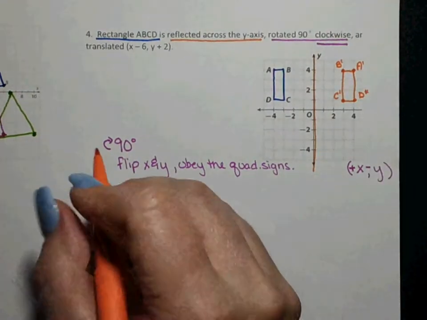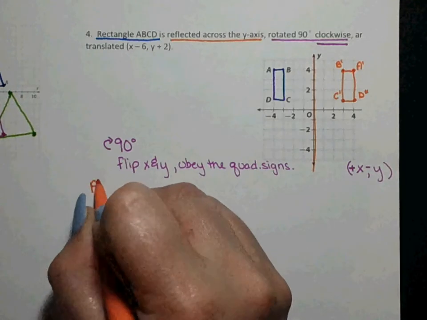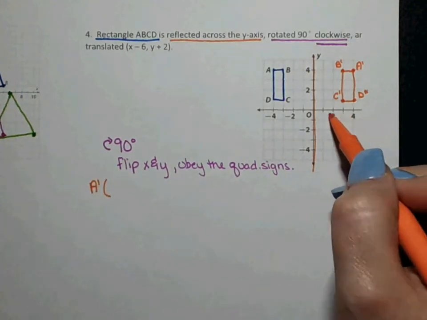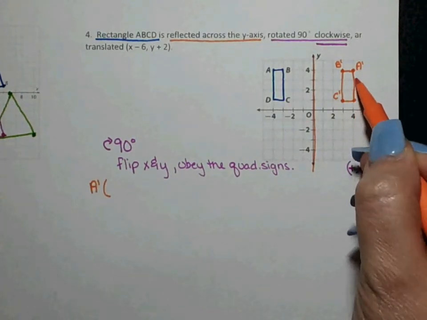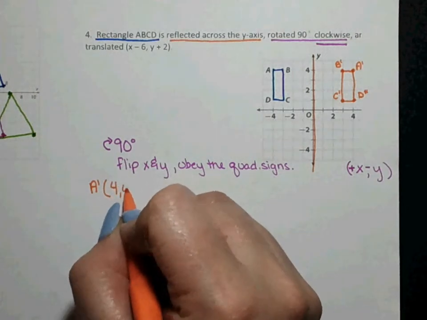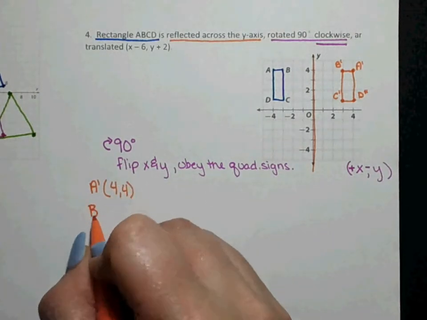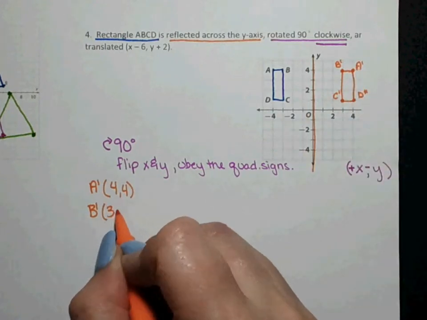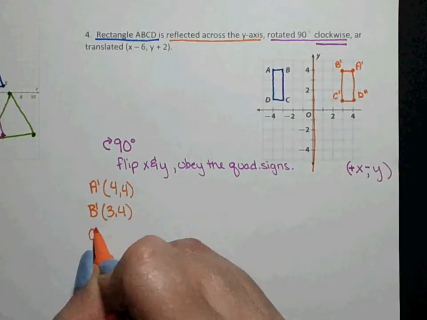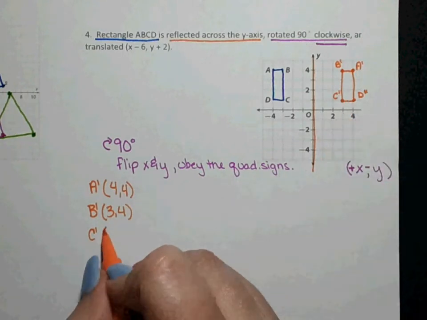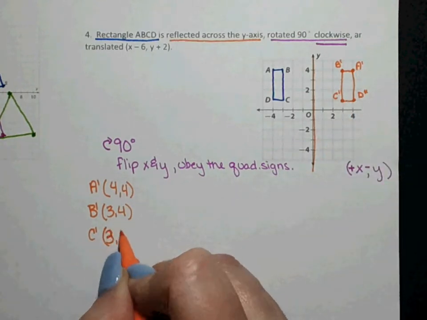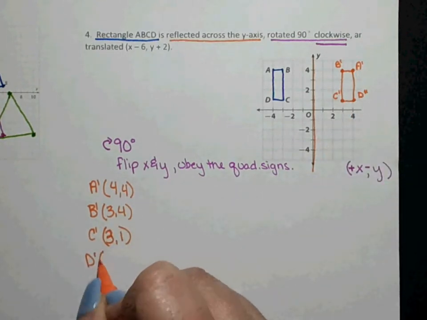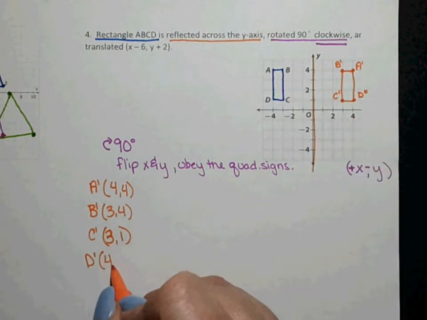And I'm going to write it in orange just so that we can see the movement. So we've got a point at 4, 4. B prime is at 3, 4. C prime is at 3, 1, and D prime is at 4, 1.